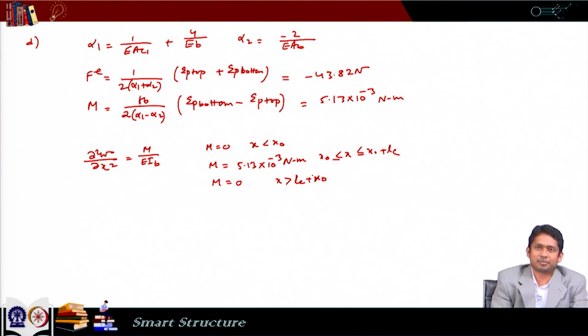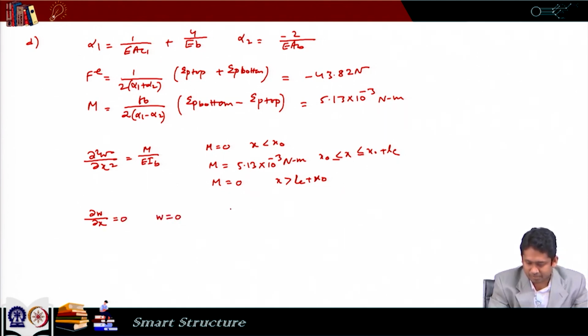Again if we apply the boundary conditions and the continuity at the beginning and end of the piezo, we get these relations: del W by del X is equal to 0 and W is equal to 0 in the first zone.